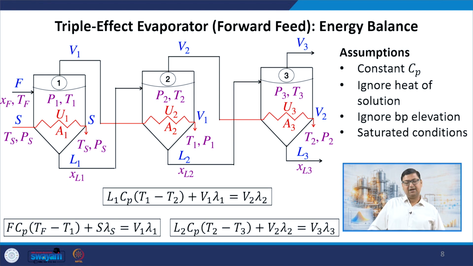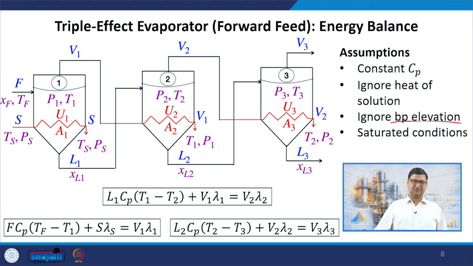I can go ahead and write the energy balance equations also. Again, I will make similar assumptions that we have made earlier. We will assume that the heat capacity is constant. We will again ignore the heat of solution. We will again ignore the boiling point elevation, and we will again assume that the conditions for the steam and the vapor are saturated, right.